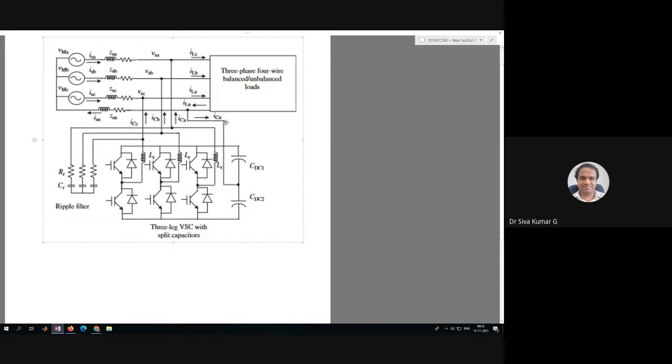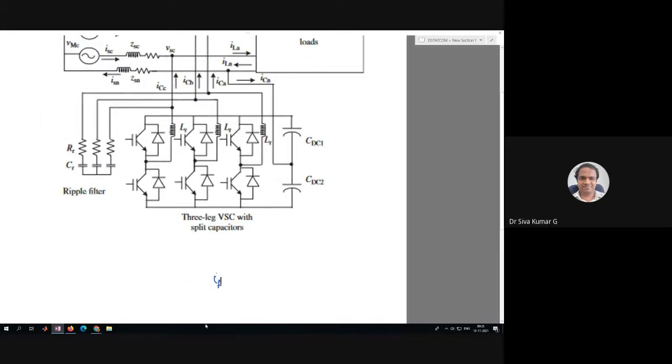In the last class, I explained about the neutral current of the reference filter current. The neutral current is not required to be estimated in this case, the split capacitor topology. Whereas in the four leg topology, it is required to estimate it. But as of now, there is no point in estimating it. It automatically drives the neutral component of the current this way.